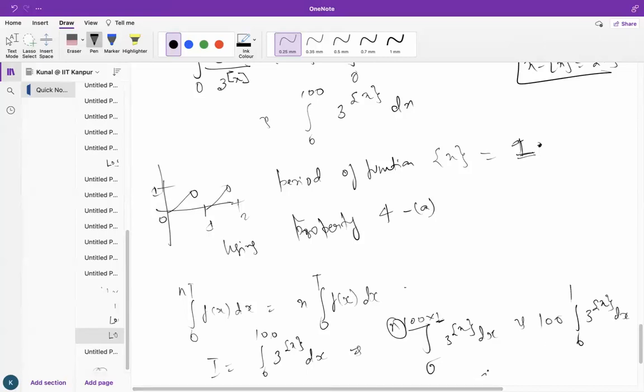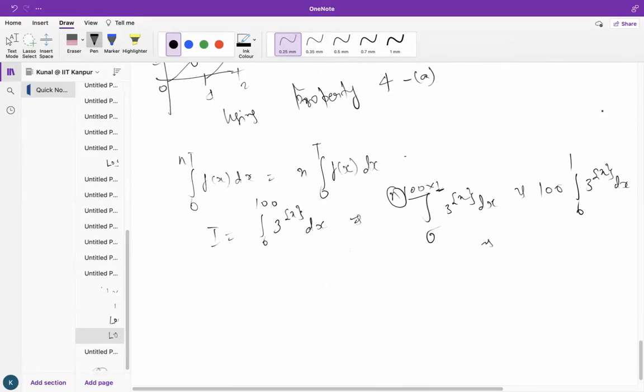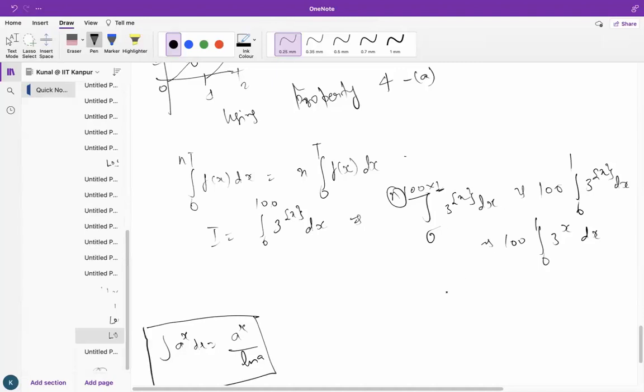And we know that in 0 to 1, the fractional part of x is equal to x. So we are integrating from 0 to 1, 3 to the power x dx. And we know the integration of a to the power x is a to the power x by ln a. This is taught in the first lecture of indefinite integration. So if you have any problem with how I'm using this, go through indefinite integration lecture number 1, in which I taught you this.